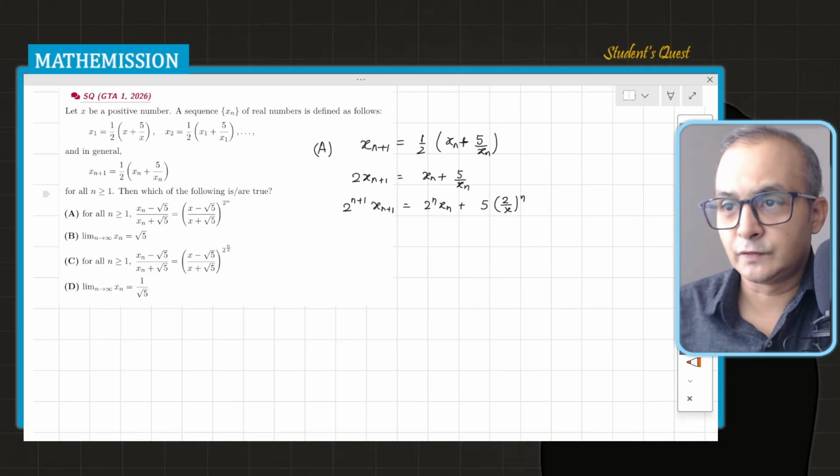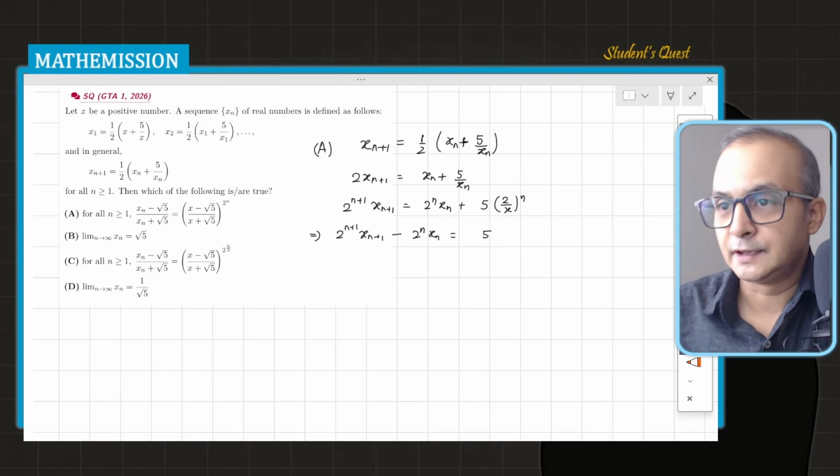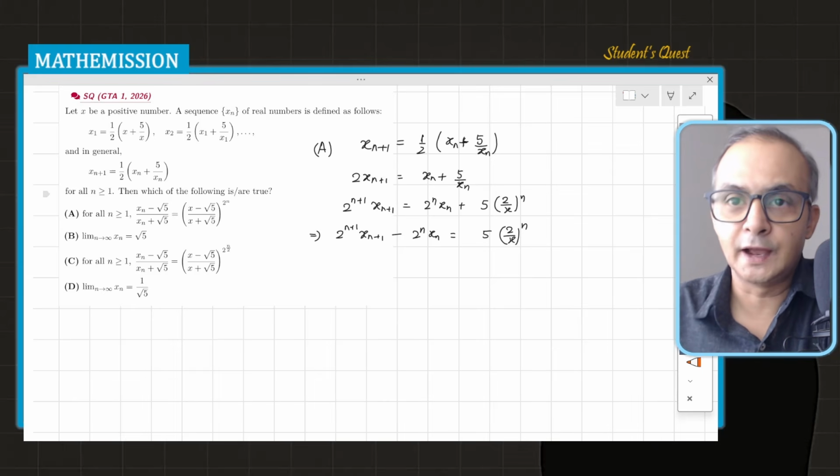In this way, what we did, we made the series telescopic. How? I can bring the 2 to the power n xn to the left hand side, so 2 to the power n plus 1 xn plus 1 minus 2 to the power n xn is equal to 5 times 2 by xn to the power n.